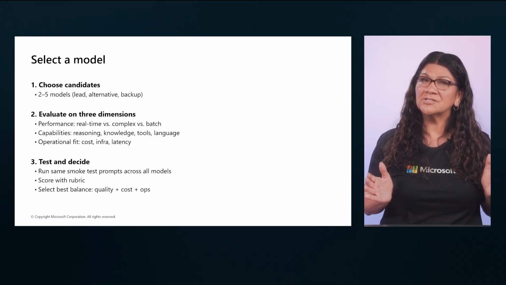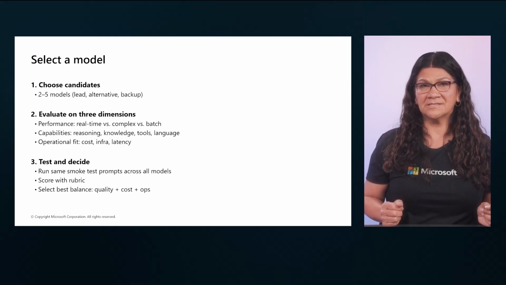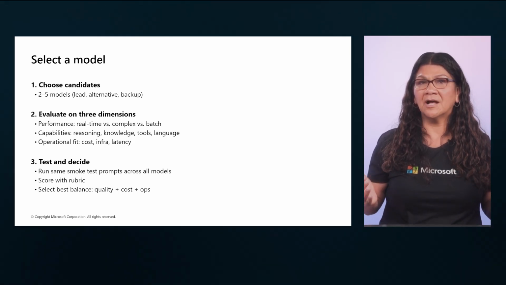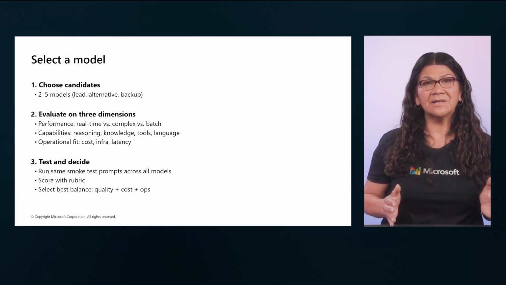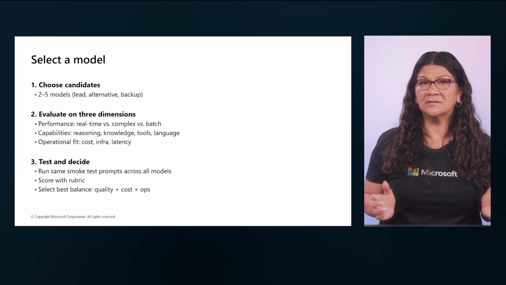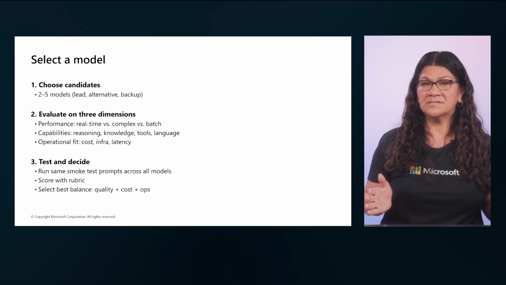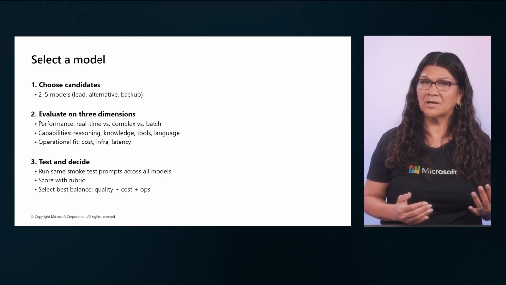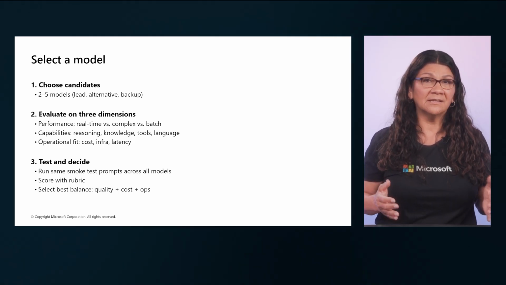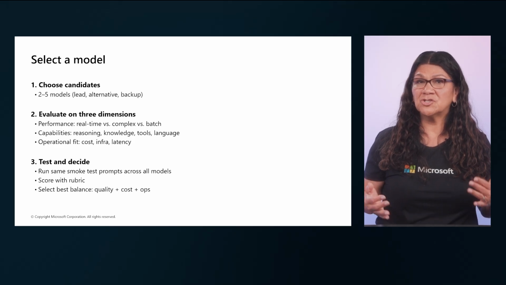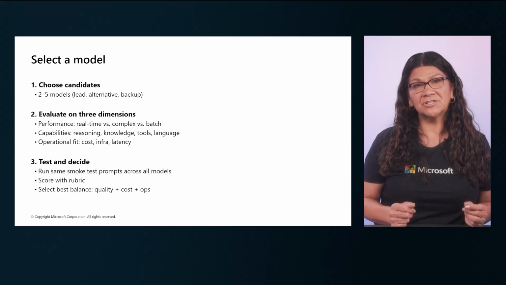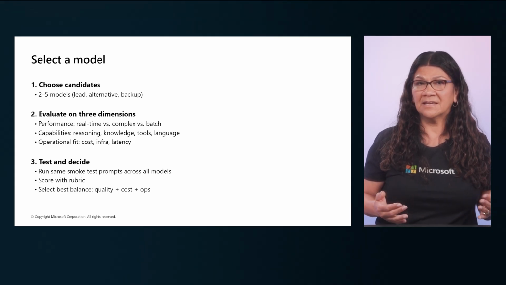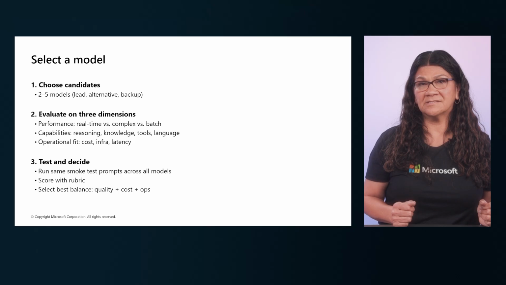Start by choosing 2 to 5 candidate models as a lead option, alternatives, and possibly a backup. Then evaluate them across 3 critical dimensions: performance, like how they handle real-time, complex, or batch workloads; capabilities, like reasoning, domain knowledge, tool usage, and language support; and operational fit, like latency, infrastructure needs, and costs.